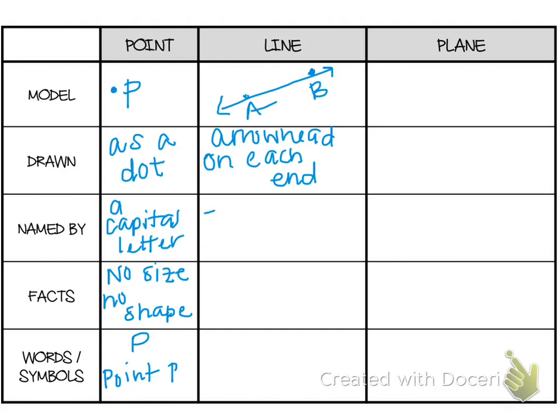We can either name it by 2 points, or we can name it by a lowercase cursive letter. So if I have 2 points A, B, but I can also, if I have a little M right there, I can name that line M as well. In fact, it has no width or height.